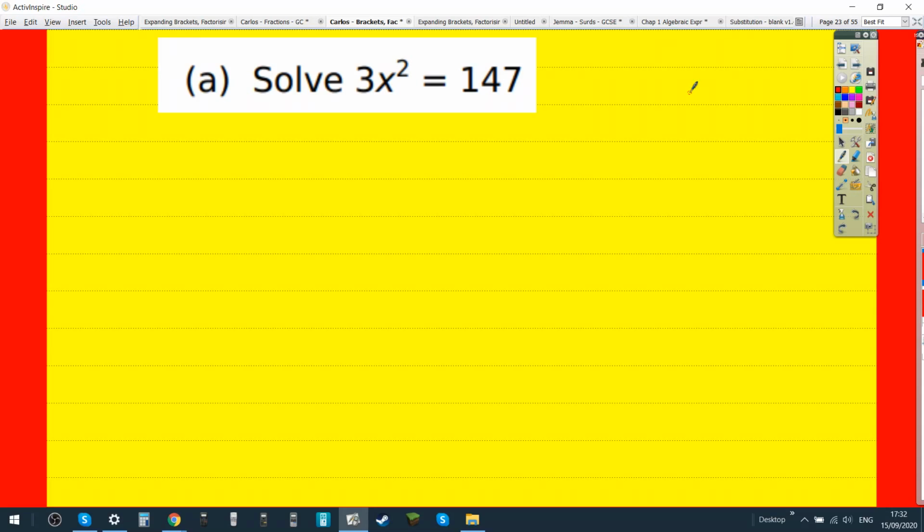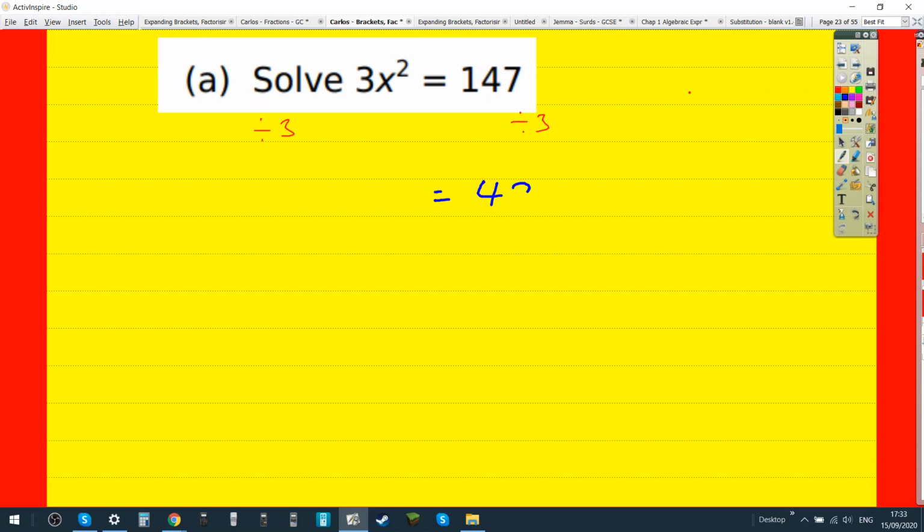So 3x squared equals... So any idea? You first take away 3, then divide by 3, and that is 49.